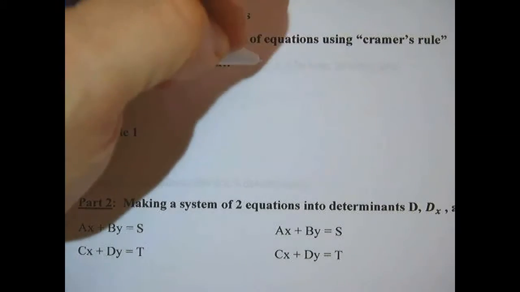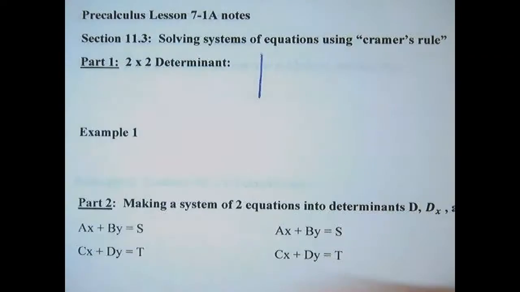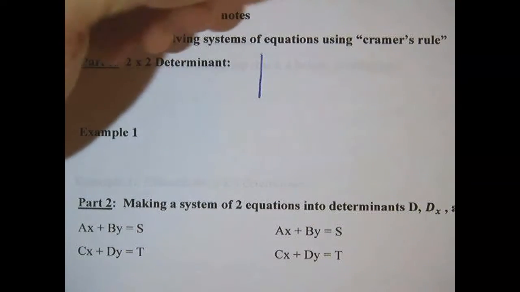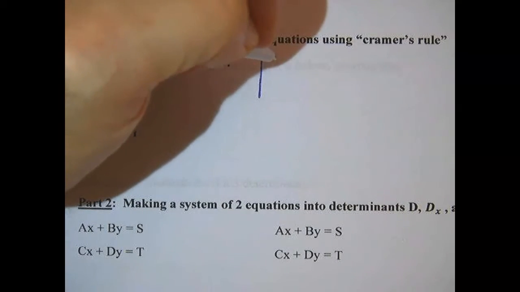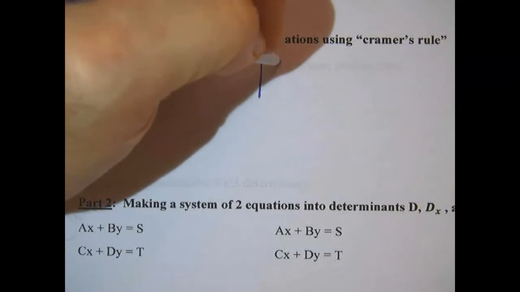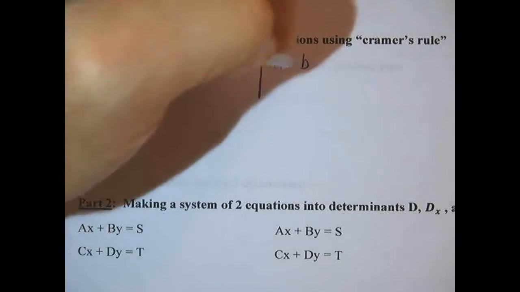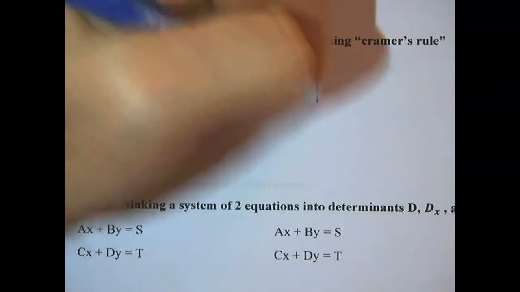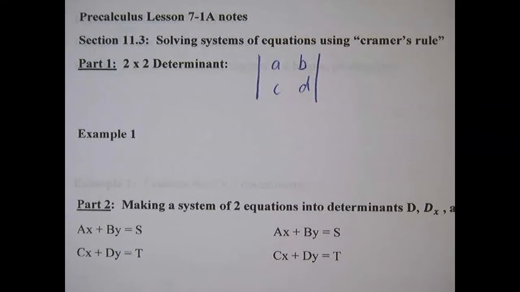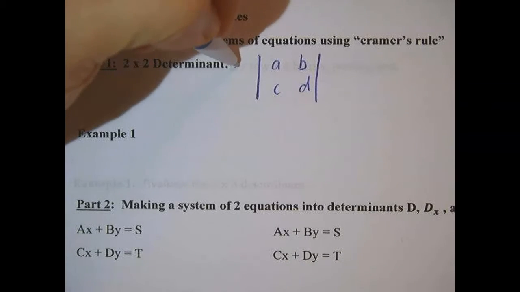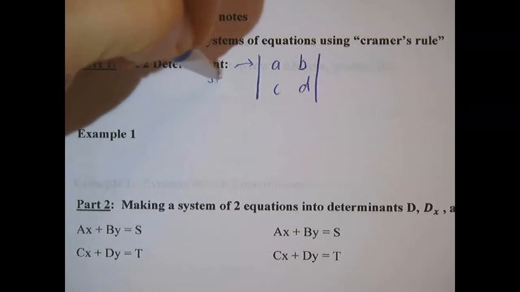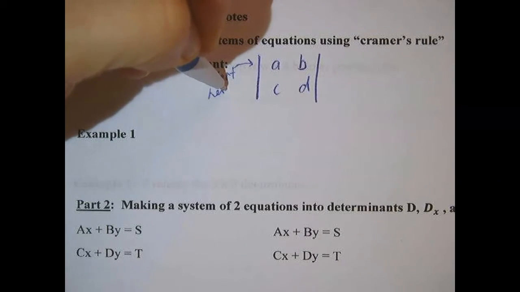So here's all it is. It looks kind of like an absolute value of, let's say, 4 entries. It's always going to be a square. So A, B, C, D. It's nothing like the absolute value, it just looks like that. You always start at the top left, as if you're reading a book.